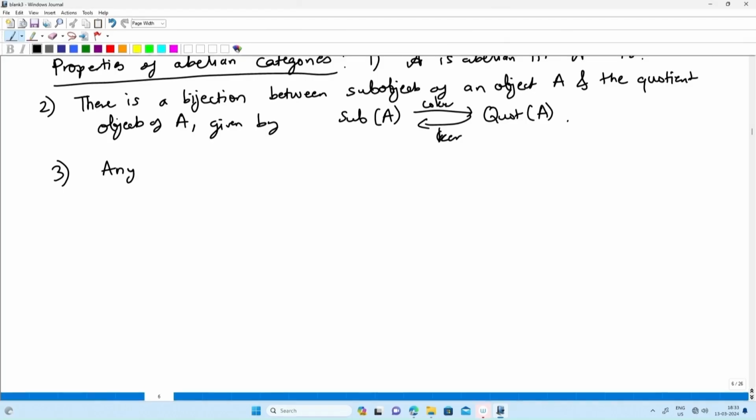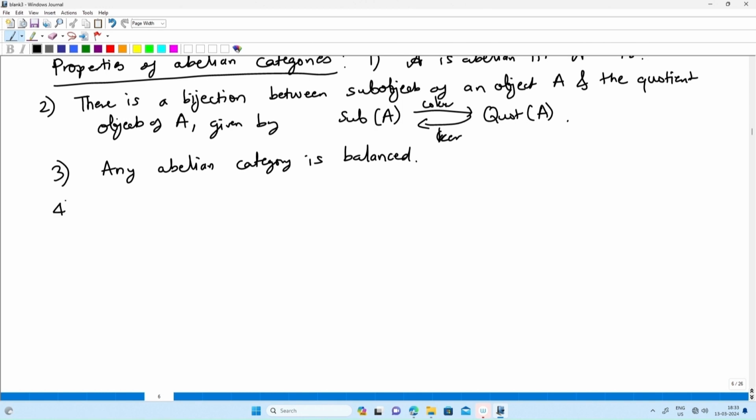So any abelian category is balanced. What is the meaning of balanced? Mono plus epi is iso. But every mono is normal and regular mono plus epi is always iso. So therefore, any abelian category is balanced.